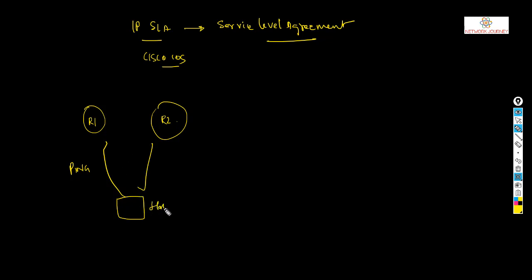I can have my host pinging to R1 and similarly host pinging to R2. So one such factor for IP SLA is a simple ICMP. If I get continuous drops, then don't send the next traffic to this, instead send the traffic to R2.